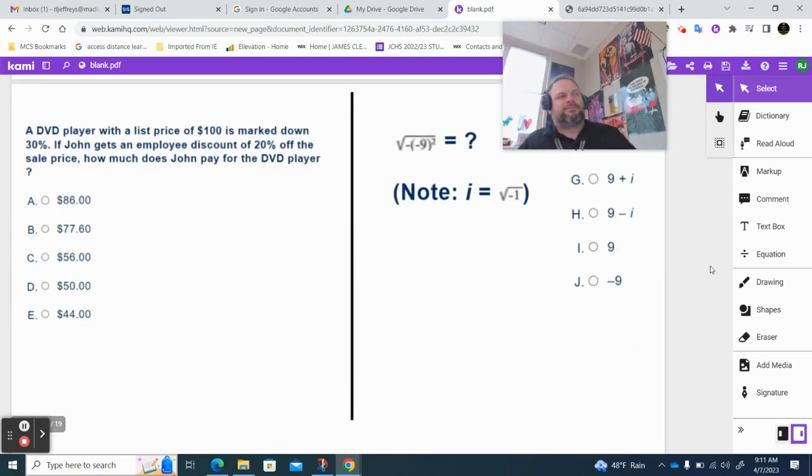I almost didn't put the DVD player one on because a lot of people are like, what the heck is a DVD player? Believe it or not, there are some people that don't know what a DVD player is. Your age group probably grew up with Redbox and buying DVDs at the store, not renting them.